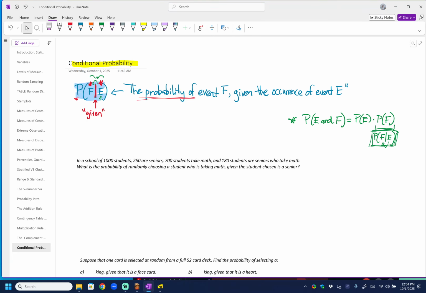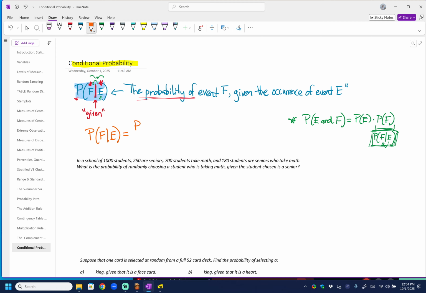So speaking of that, how do we calculate it? Well, we have a formula. The probability of F given E will be equal to one of two different formulas. Either one will suffice.